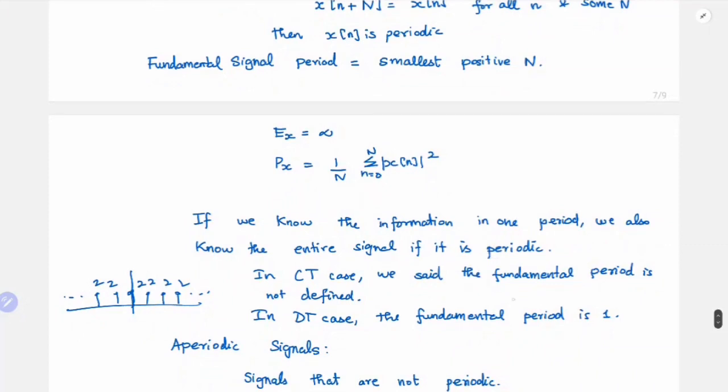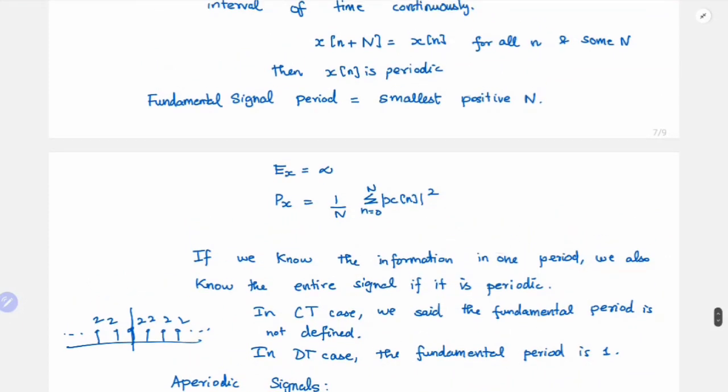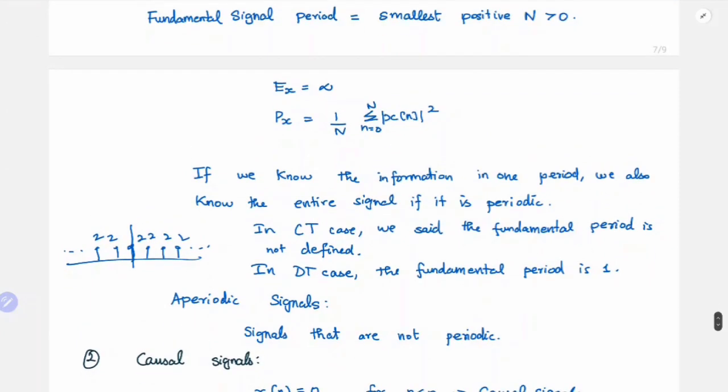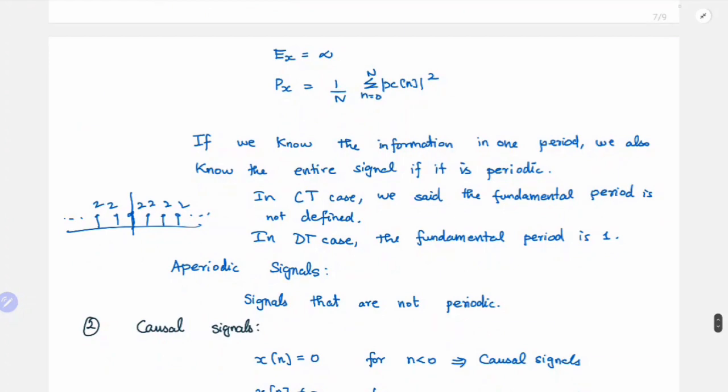So here we do not have any ambiguity in defining the fundamental period. And your fundamental period should be a small positive n greater than 0. Right? It can't be equal to 0. So that clarifies the fundamental period for a constant signal. Okay?